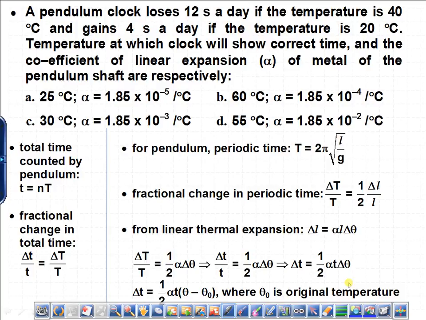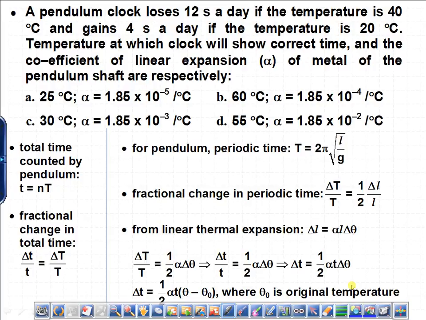So, that also gives us delta T by T, the fractional change in periodic time, is half alpha delta theta, by placing delta L by L as alpha delta theta. We have already seen that the fractional change in periodic time is also equal to the fractional change in total time. So, we can say that delta small t by small t is half alpha delta theta, where delta theta is the change in temperature. So, we can write this as theta minus theta 0.